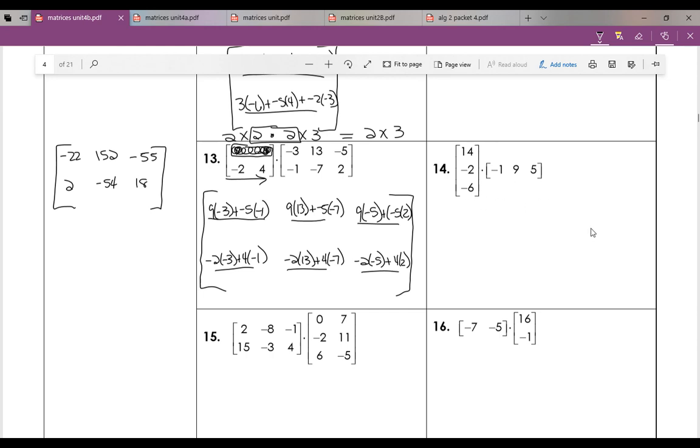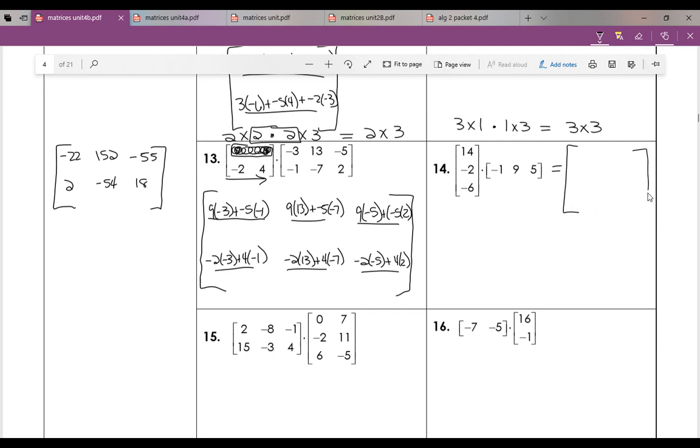can I do number 14? Yes. What are the dimensions of the first one? A 3x1. What are the dimensions of the second one? How big's my answer going to be? So we're going from 3 numbers and 3 numbers to 9 numbers in my answer matrix.